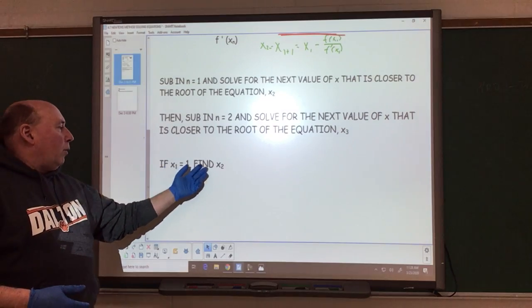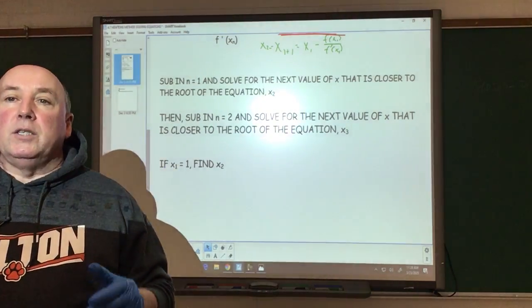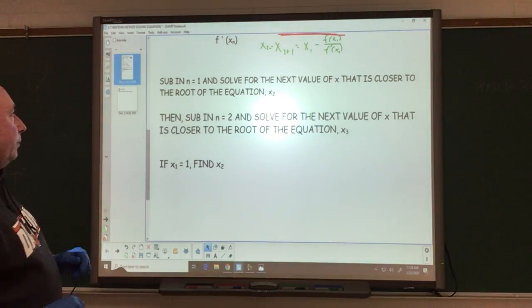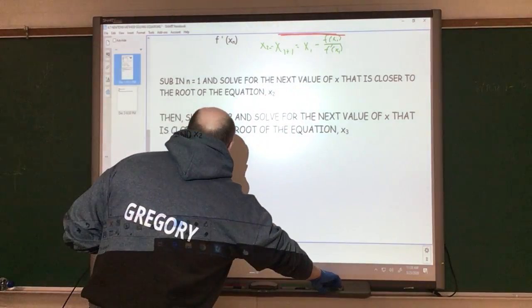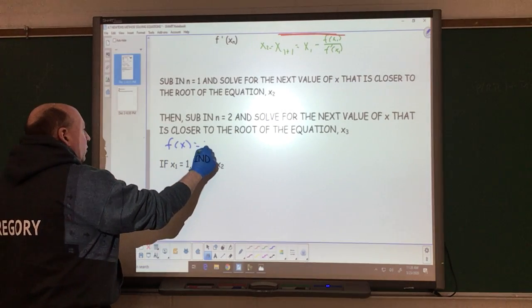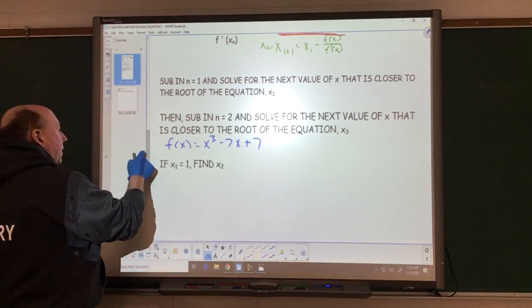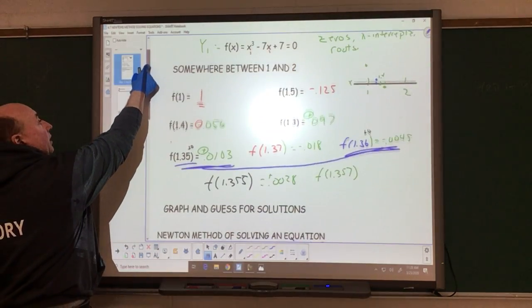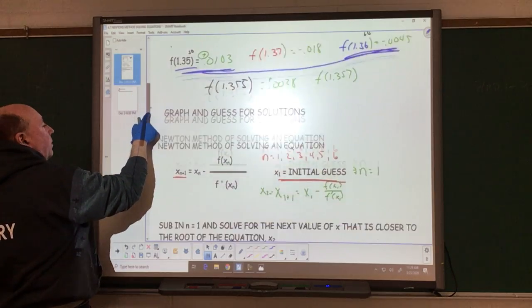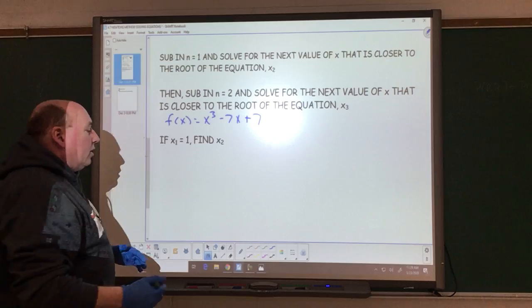If x1 is equal to 1, let's find x2. Once again, if I'm going too fast, pause it. My function is once again x cubed minus 7x plus 7. That's my function. What we are also going to need is our derivative.